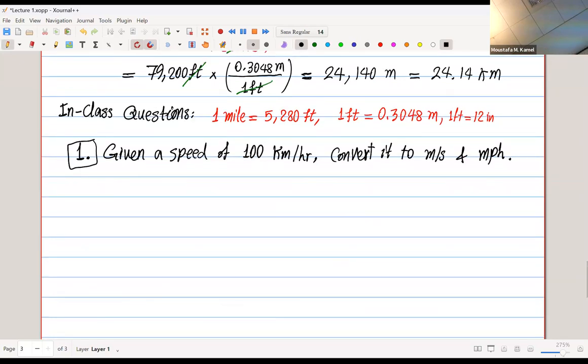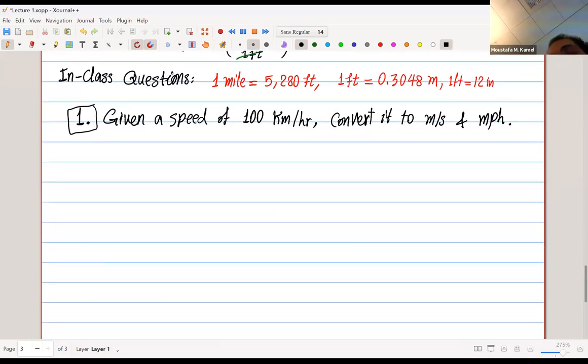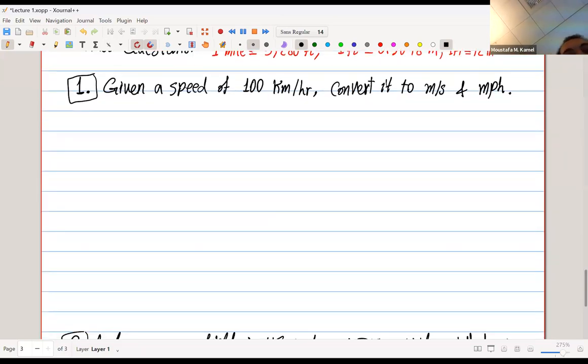Okay, so let's start working out the first problem. So we want to convert, let's start with miles per hour because it has hours and that would be simpler.